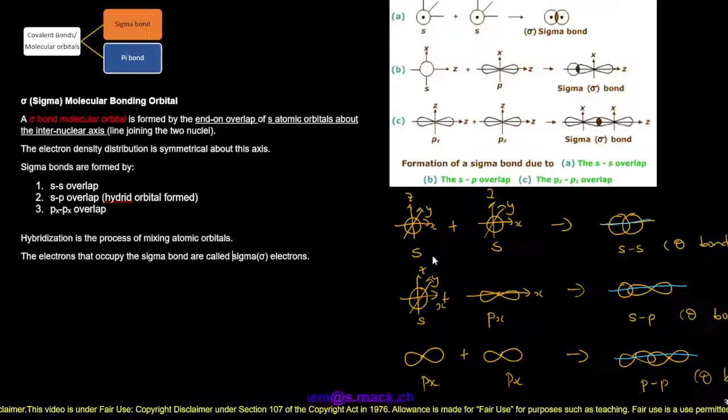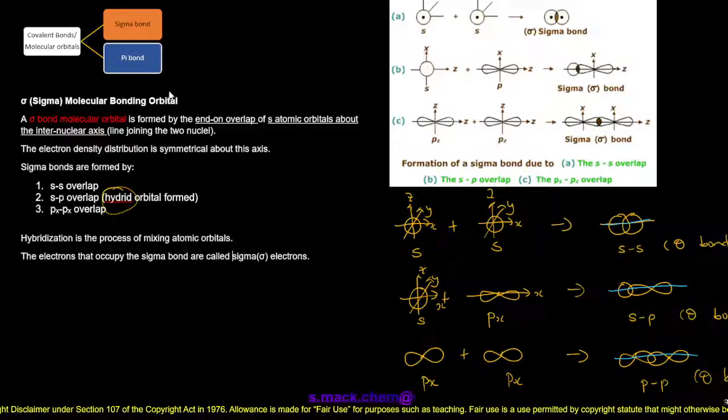One thing to note, where we have two different atomic orbitals mixing, such as this sp overlap, we say that the type of orbital which is formed is called a hybrid orbital. So for now, I'll just introduce the term hybridization, and hybridization refers to the mixing of different atomic orbitals. For example, s and p. We will look at hybridization in more detail later on.